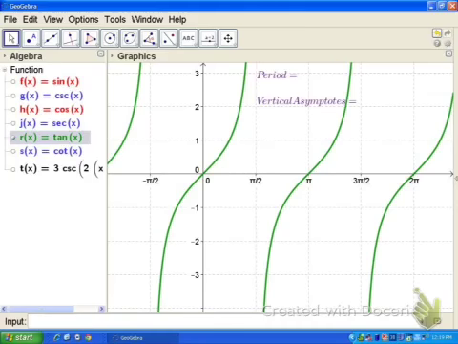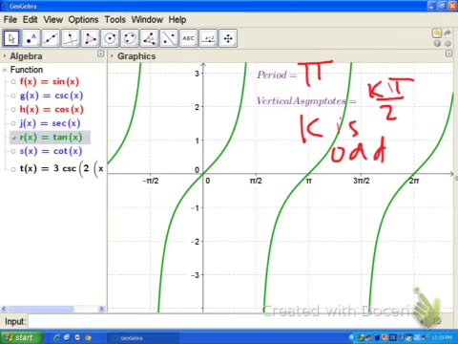Remember, we said that one complete cycle of sine and cosine is completed in a distance of 2 pi, but what you'll see for tangent is that the period is actually just pi. And we've said that those vertical asymptotes are at k pi over 2, where k is an odd integer.